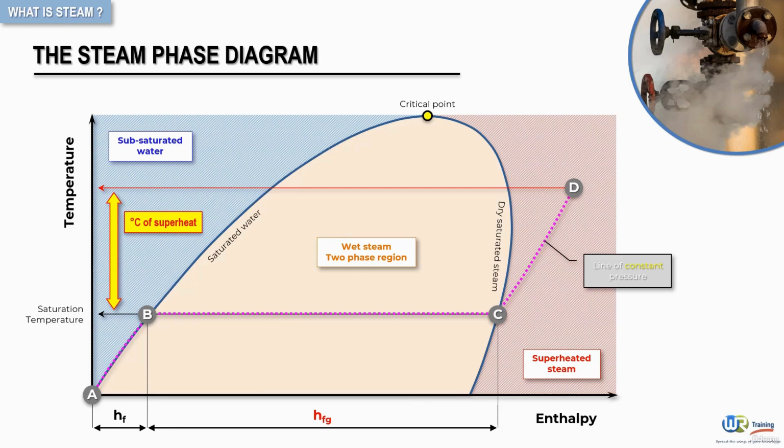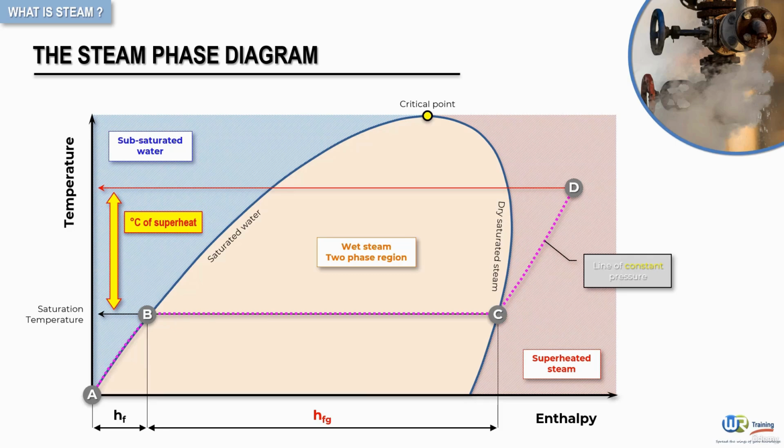Any compression at constant temperature above the critical point will not produce a phase change. Compression at constant temperature below the critical point, however, will result in liquefaction of the vapor as it passes from the superheated region into the wet steam region.